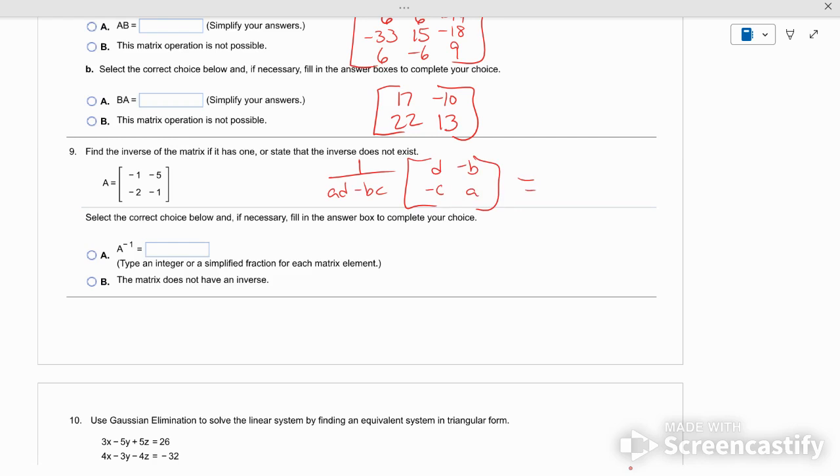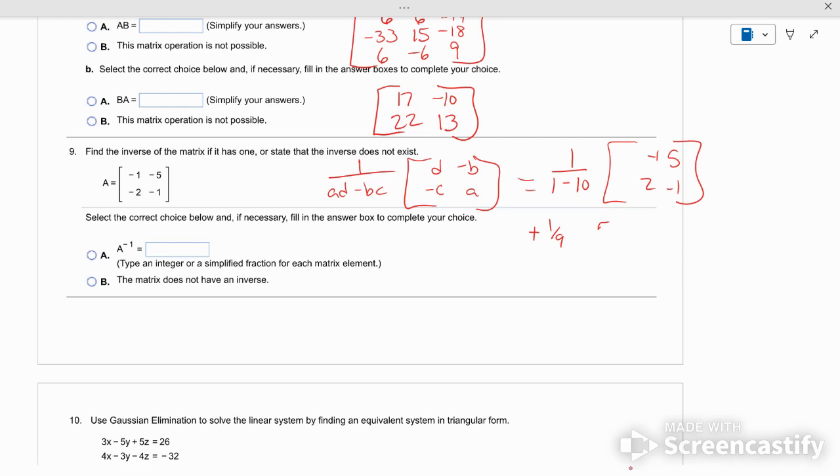B times C is 10. So it's 1 over 1 minus 10 times negative 1, 5, 2. So it's negative 1/9 times negative 1, or positive 1/9, because that's a negative 1/9 on the outside.